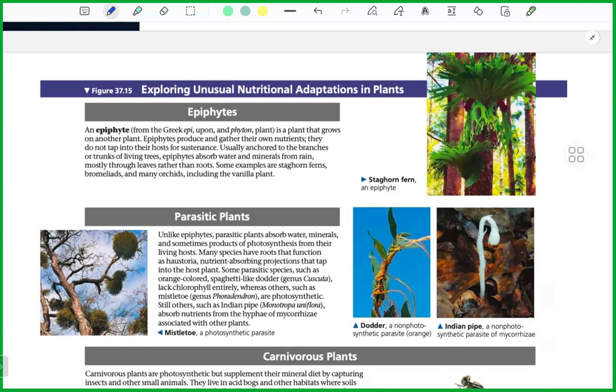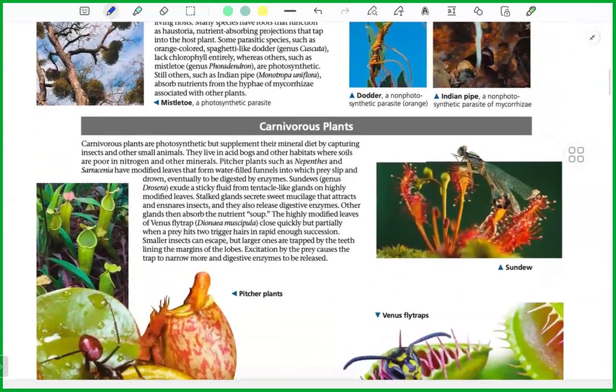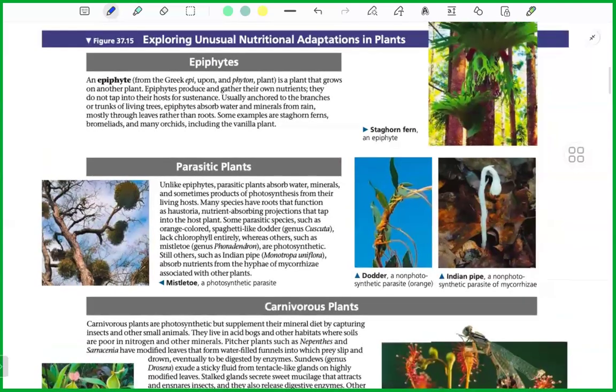Most students would be familiar with the last one, the carnivorous plants. We have pitcher plants and the Venus flytrap. Most students are familiar with carnivorous plants, and we also have parasitic plants and epiphytes. This is just FYI, and you can read it at your own comfortable time.